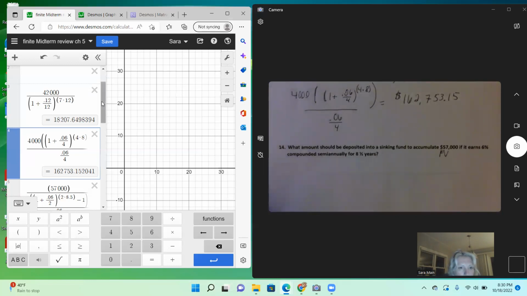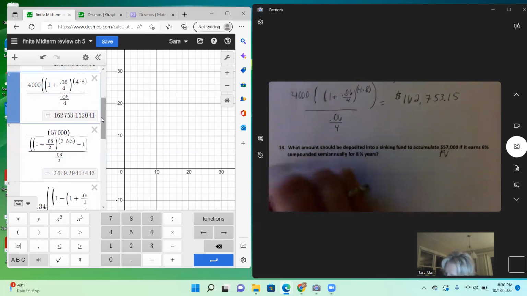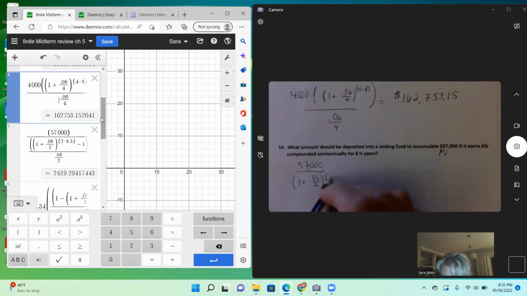So we have to take our future value and divide. So the 57,000 divided by the 1 plus our compounding rate, and it's semi-annual, to the 2 for the semi-annual times the 8.5 years.